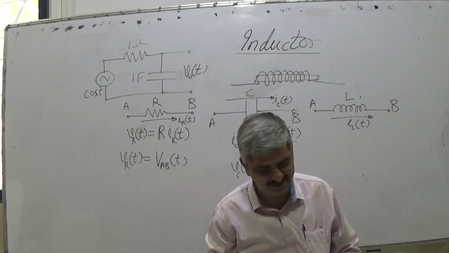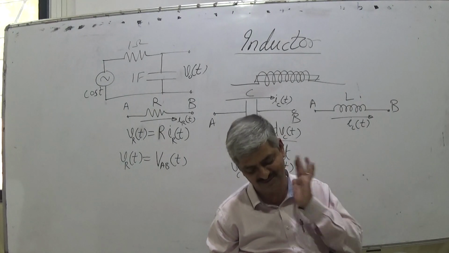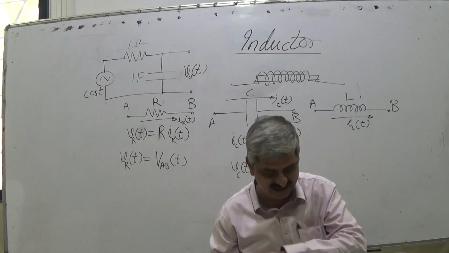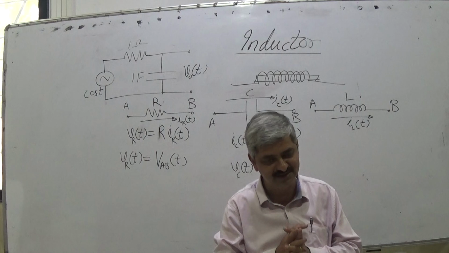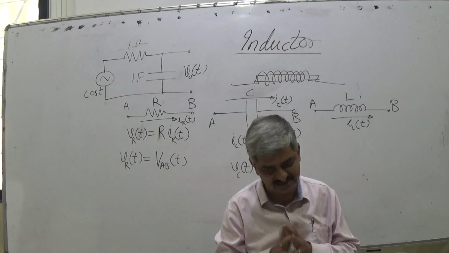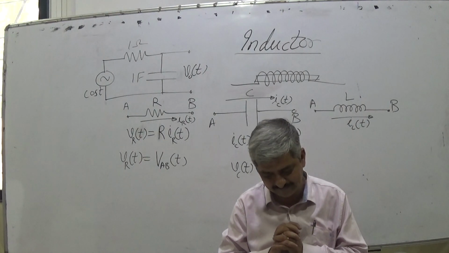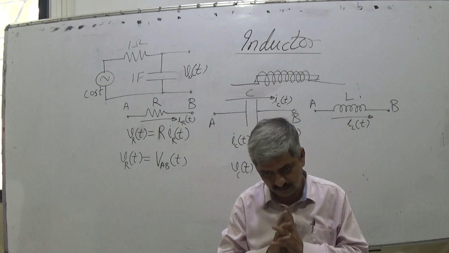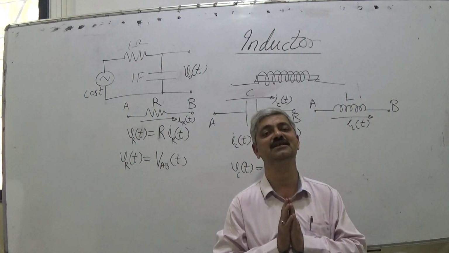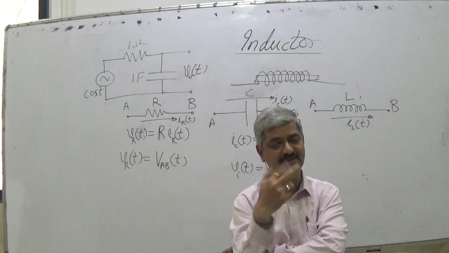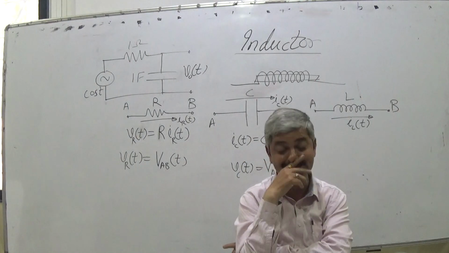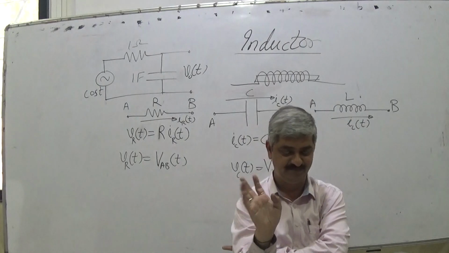You have learnt it, so it is not that you can unlearn, and unlearning is impossible. But what I suggest is that resistor linear relationship is given. Capacitor differential, resistor direct linear relationship.